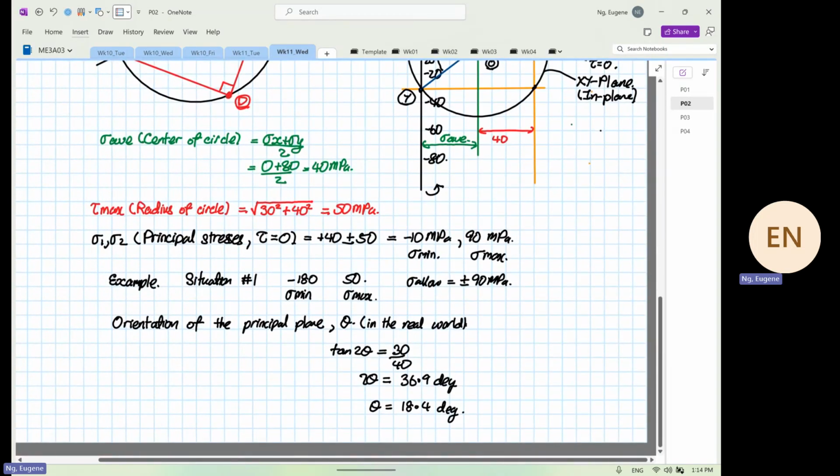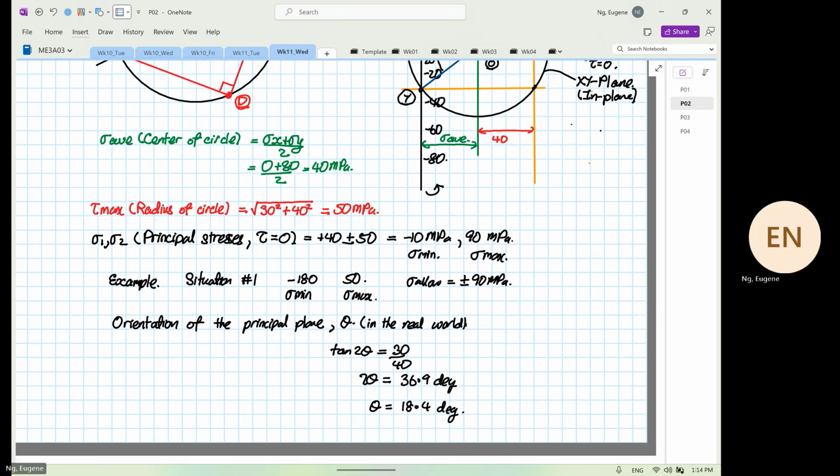Okay. Are we clear? Now, from here comes the hardest part. A lot of even engineers calculate all this already, and then they don't know how to bring it back to the real world. Whatever you do, you have to be able to think how to bring it back.